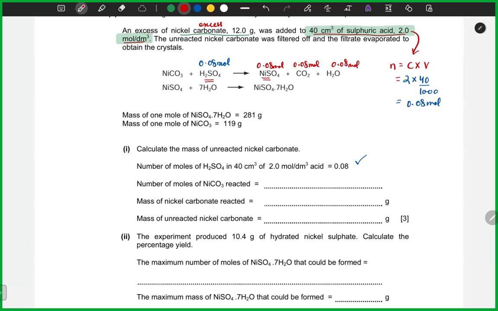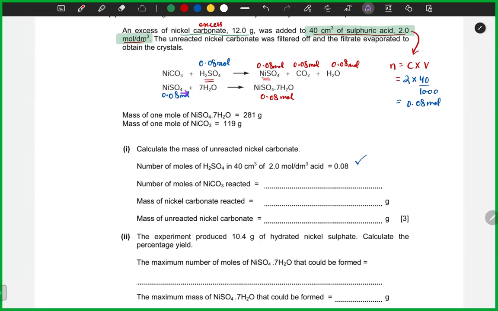So the nickel sulfate that's formed in the first reaction is then crystallized. So 0.08 moles of nickel sulfate were formed in the first reaction, and then those are turned into hydrated crystals. That's also 1:1, so that's 0.08 moles as well.